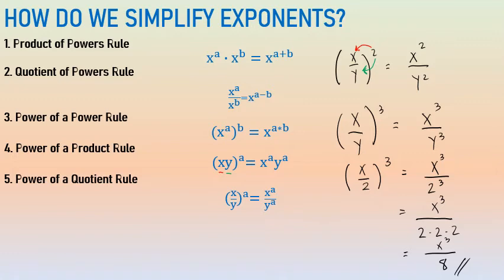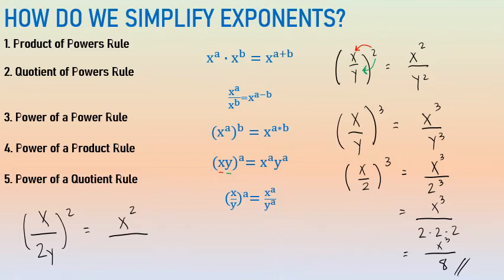Okay? Oh, what if meron tayong ganito class? X over 2y squared. Yan, parang ito. So we have here x squared, distribute natin yung 2 over, take note, dito sa baba, sa ating denominator, ilan ng base na meron tayo?